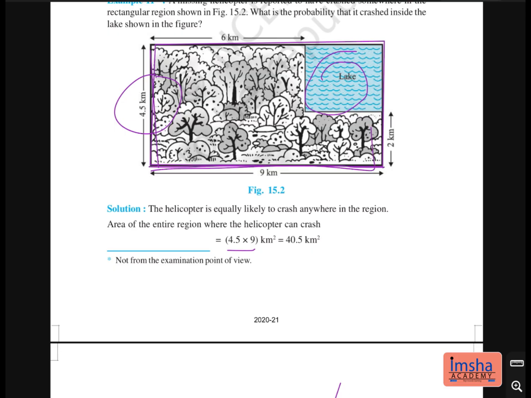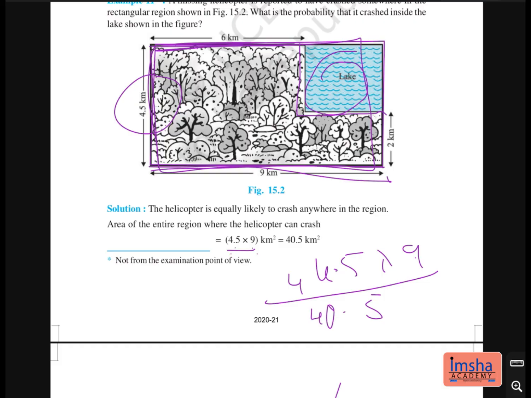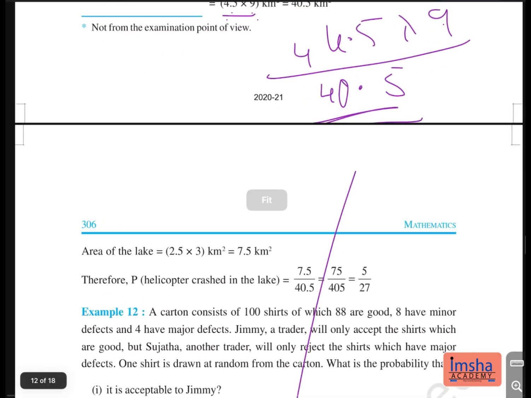It can crash anywhere, right? Here we cannot take the lake value, because the lake has been deducted from here. So 4.5 into 9: 9 fives are 45, 5 carry 4, 9 fours are 36, 40, so it is 40.5 kilometer square.